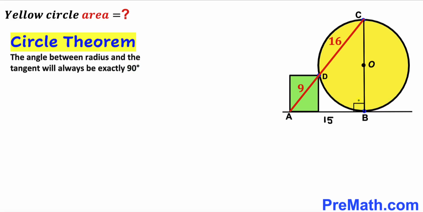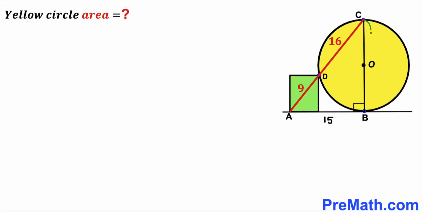So no wonder this angle is 90 degrees, since this is our tangent line and this is our radius. Now we can see that BC is the diameter of this yellow circle. I'm going to label OB as the radius lowercase r, and likewise OC is radius lowercase r as well. So the whole diameter BC is going to be 2 times lowercase r.